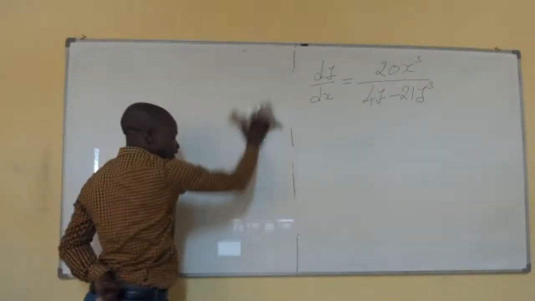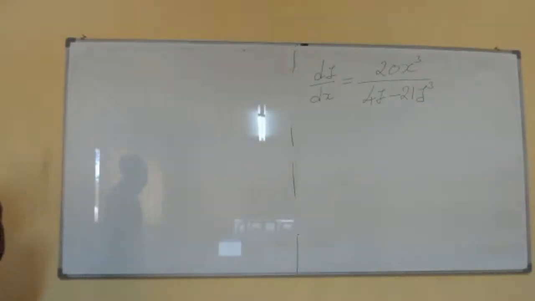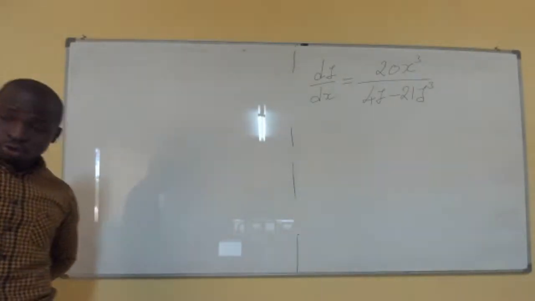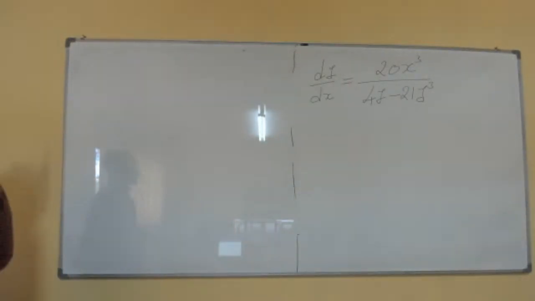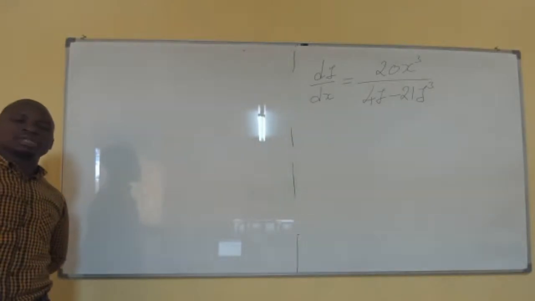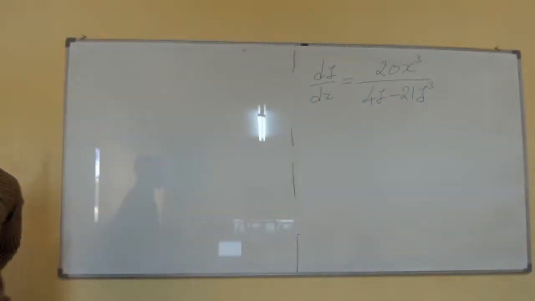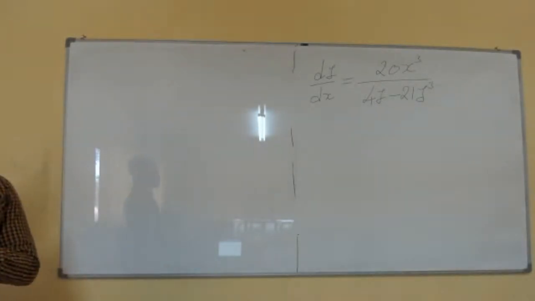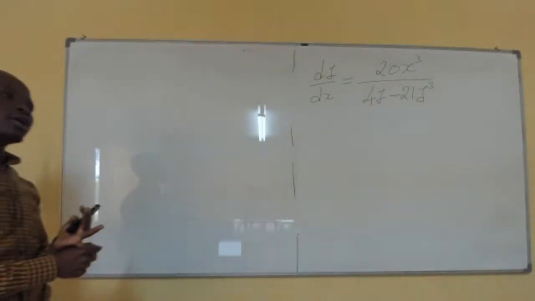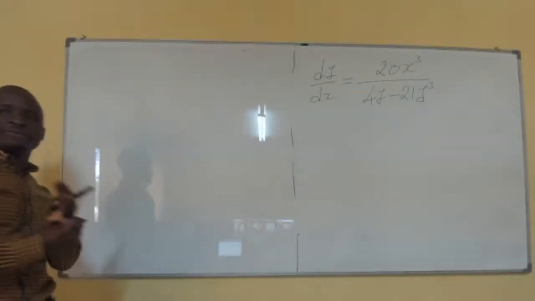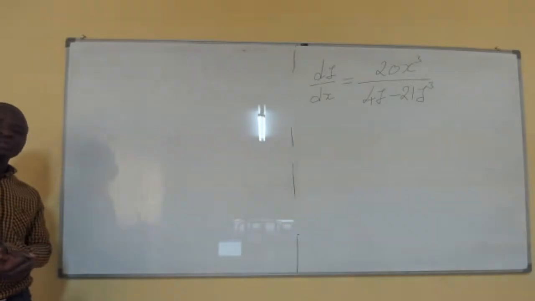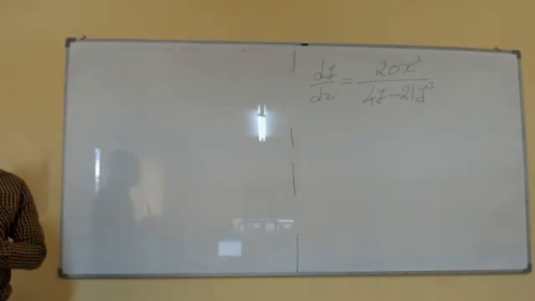The derivative of logarithmic and exponential functions makes use of the chain rule and the derivatives of implicit functions, or rather implicit differentiation. So it makes use of the chain rule, which is the differentiation of functions of a function or composition of functions, and it also makes use of implicit differentiation.